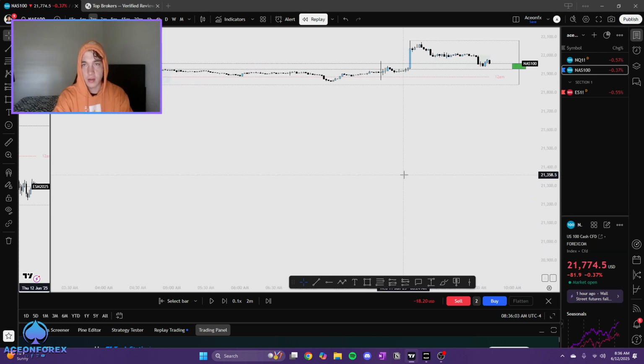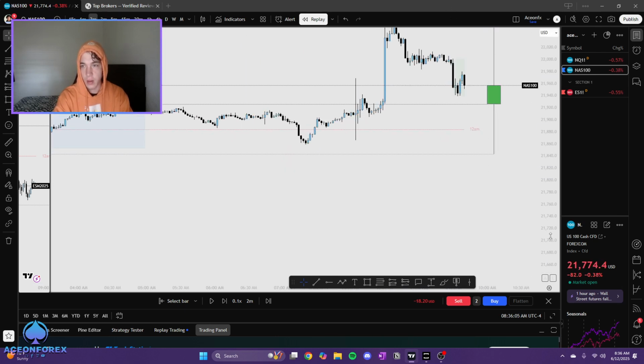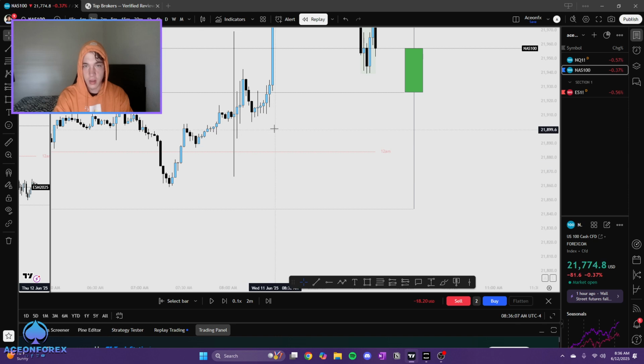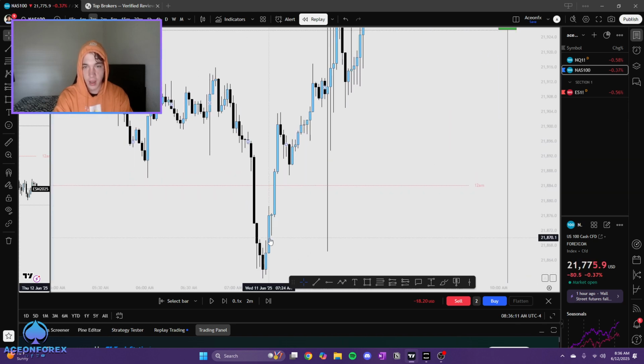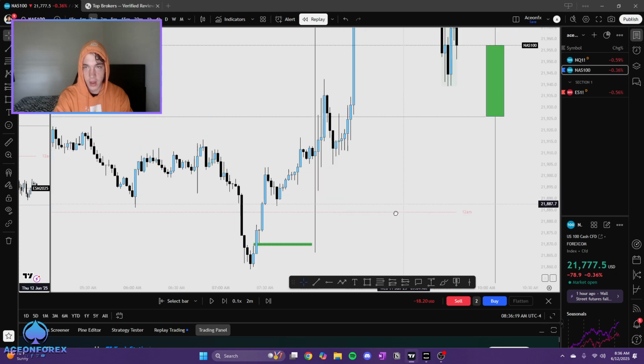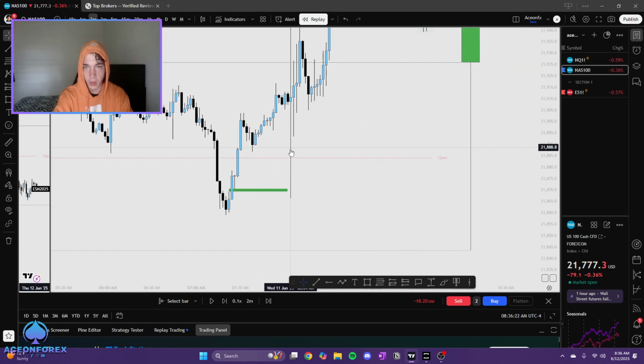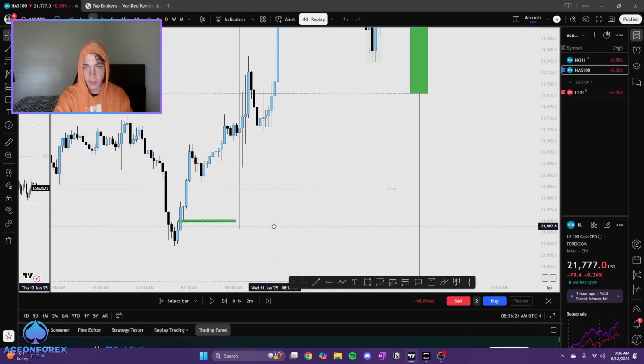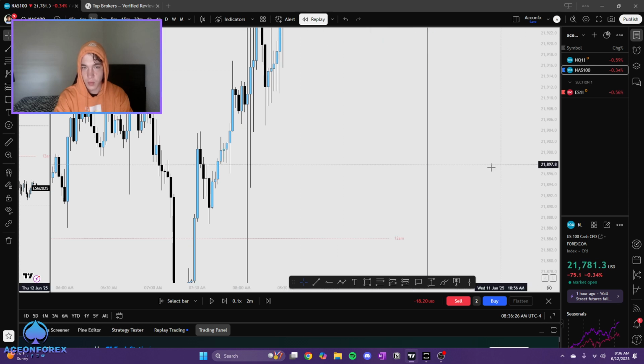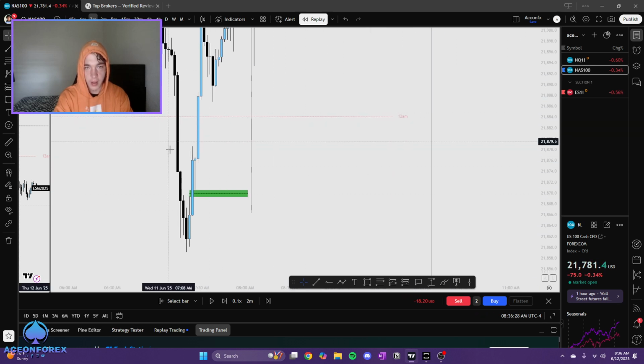And the wicks. Because inefficient price will be your best friend. But you can't go marking up every single inefficient box because that's going to be a headache reading. You can see you have this fair value gap, and you can see why we left this large wick down here, because we are filling in this whole price leg.